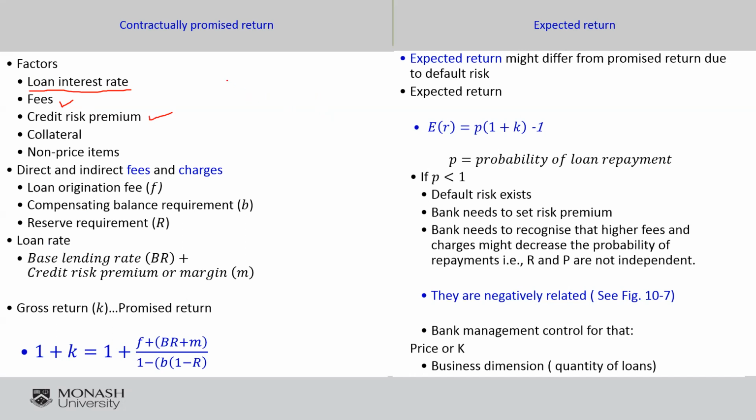If there is no credit risk, like for example, you give a loan to the government, this can be the risk-free, which means when you invest in treasuries, government securities, they don't default.